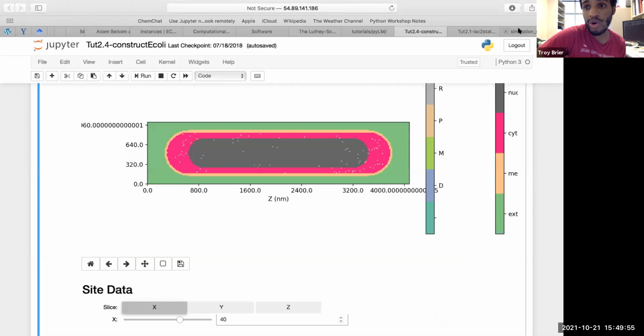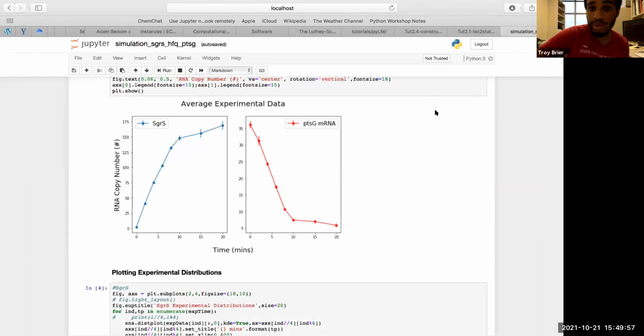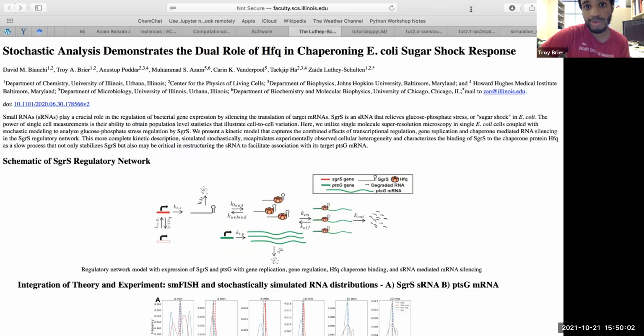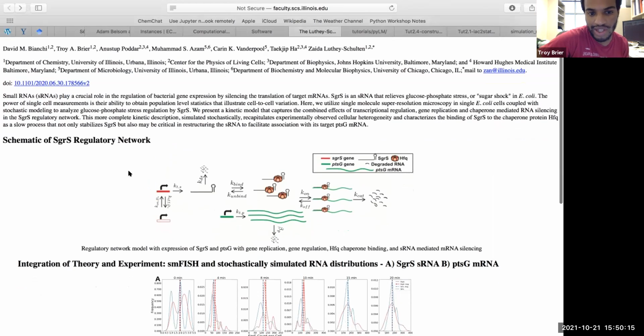What I want to discuss now is some work that another graduate student in the Lattice group and I did in collaboration with a group here in microbiology, Karen Vanderpool, and a group of TJ Ha at Johns Hopkins. This is looking at the regulatory network of a small RNA that regulates sugar transport in E. coli, the PTSG gene.